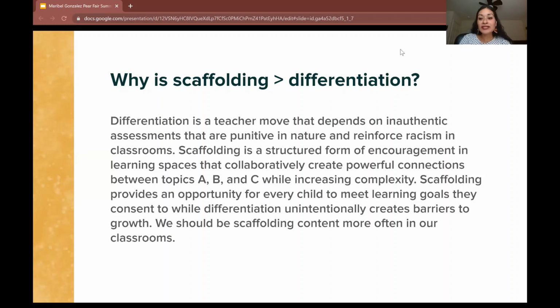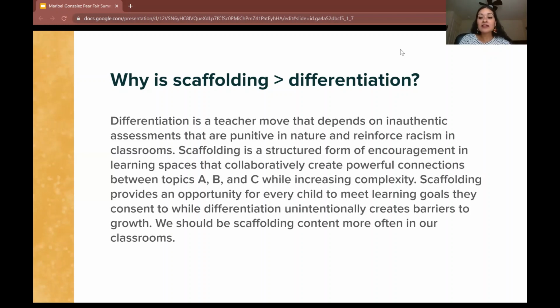So differentiation, again, is a teacher move that depends on these inauthentic assessments, and they're very punitive in nature, and they reinforce racism in classrooms because of tracking systems and because of internalized institutional racism that contributes to who gets identified as a SPED student.